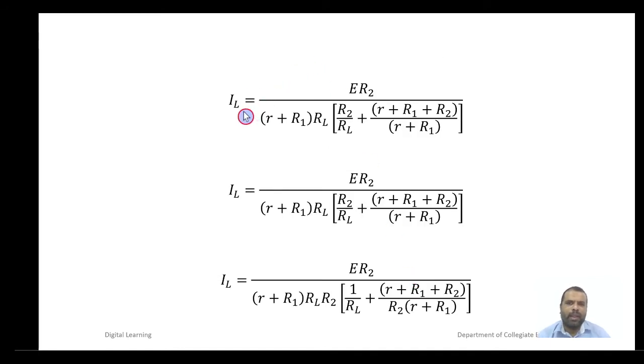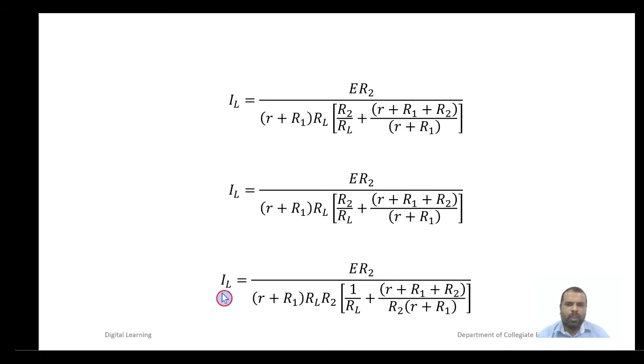Now, IL is equal to E R2 divided by (r + R1) into [R2 + RL (r + R1 + R2)/(r + R1)], or IL is equal to E R2 divided by (r + R1) RL [R2/RL + (r + R1 + R2)/(r + R1)].